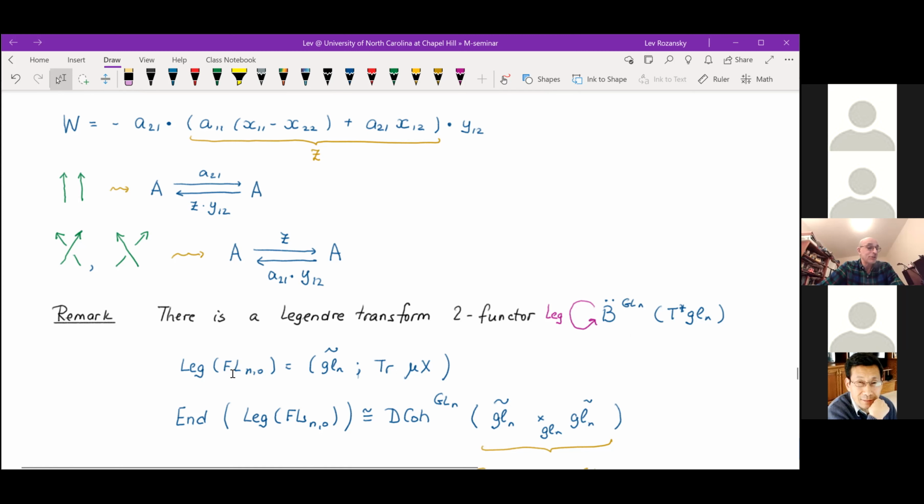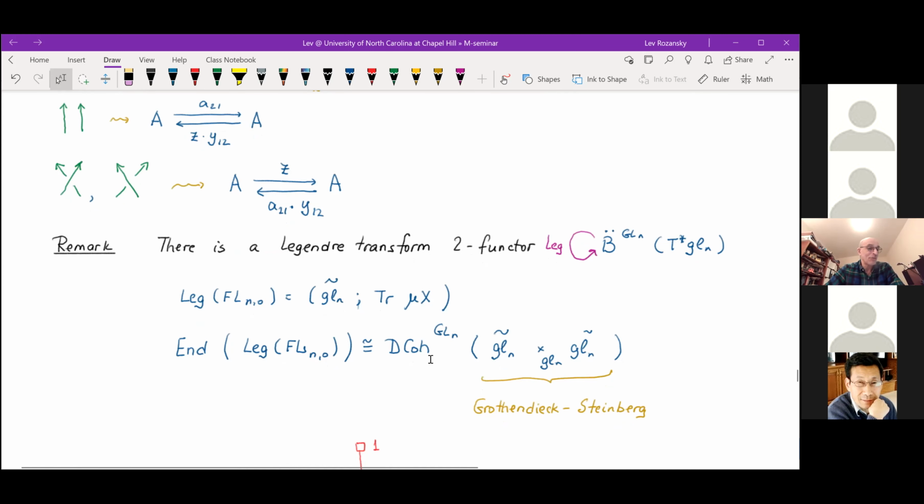If you apply it to the object FLN0, then instead of the Springer resolution, you will get the Grothendieck-Springer. So you'll have the flag variety with any matrix: on top of each flag, you will put all matrices which respect it, not just nilpotent ones.